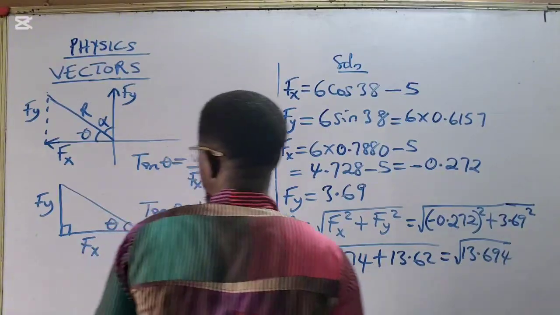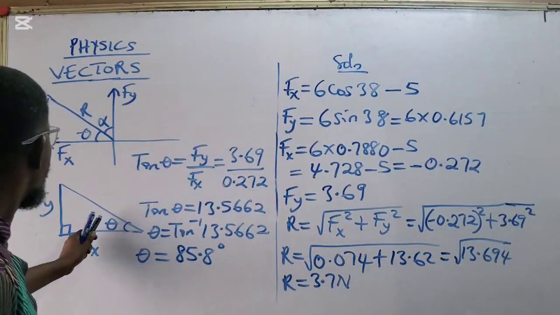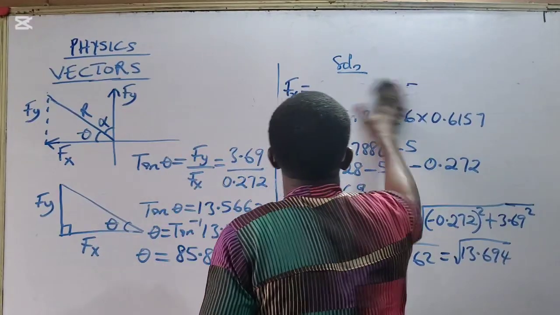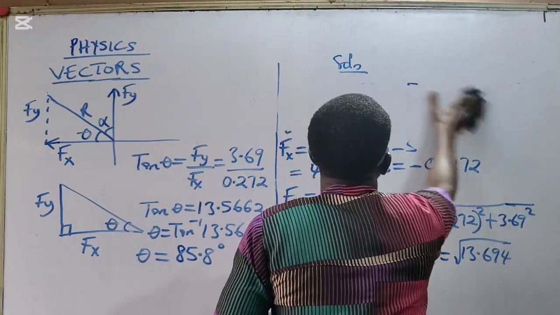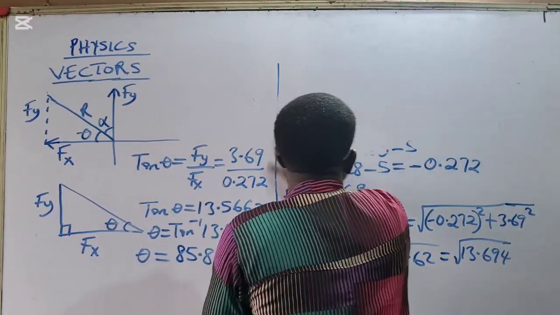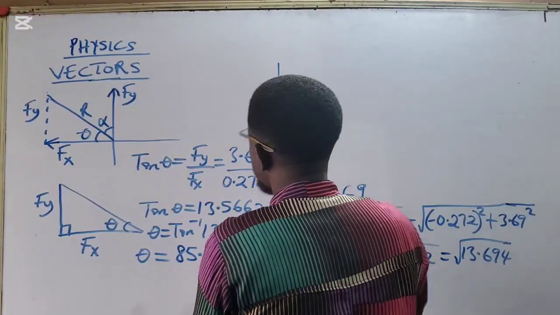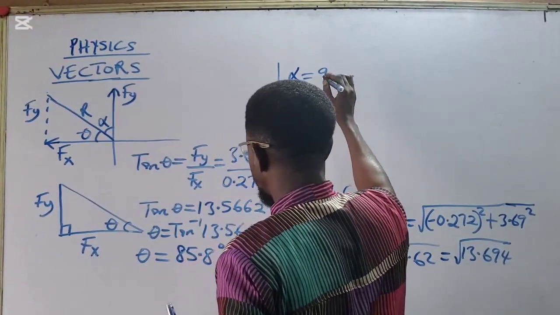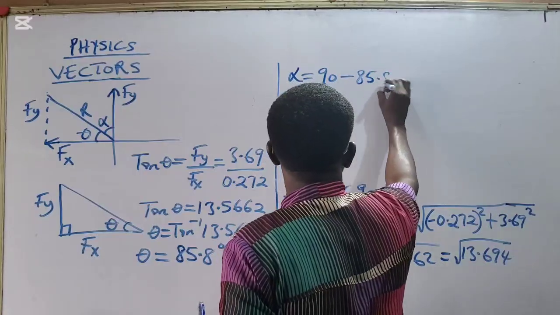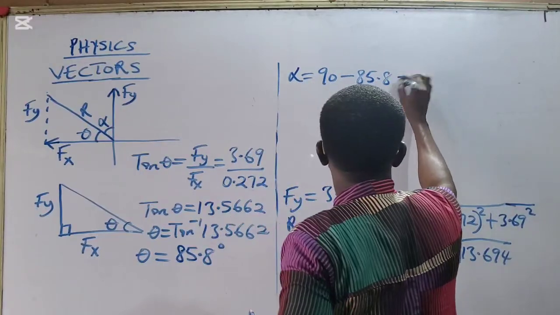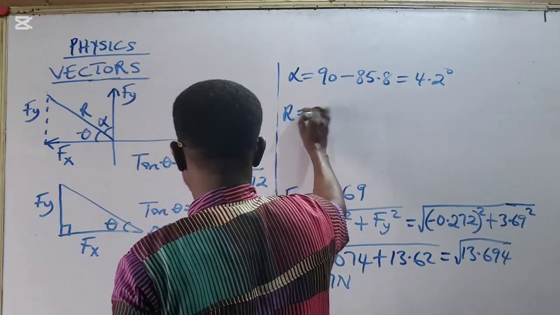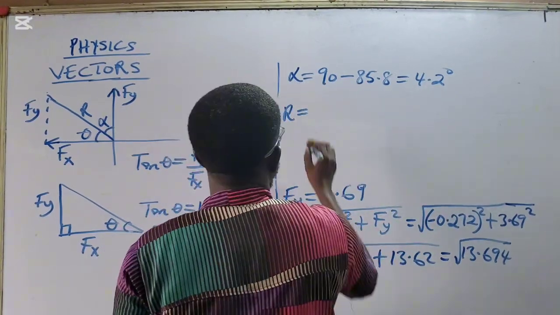Okay, now we get this other part here, that alpha will be 90 minus 85.8, that will be 4.2. So that you get R equal to 3.7 newtons.